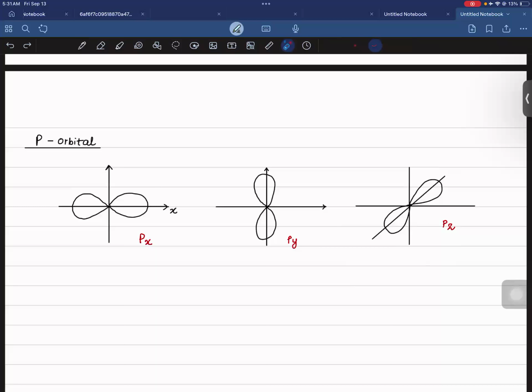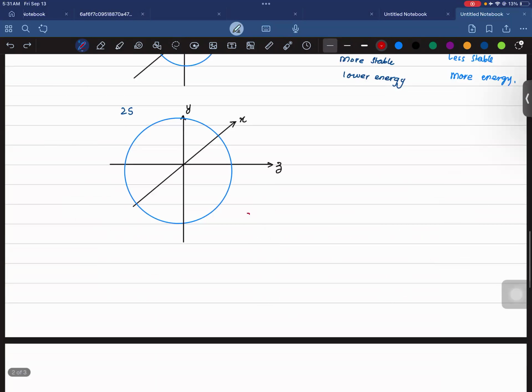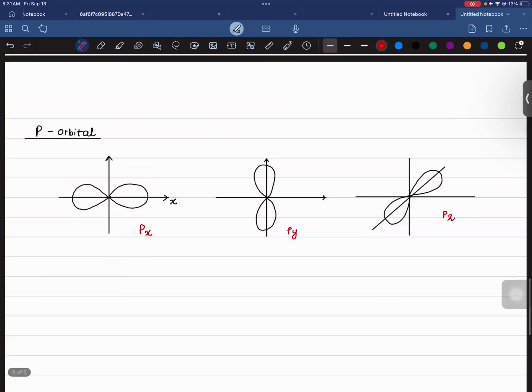Right now we are discussing orbitals. So this is px, this is py, and this is pz. I cannot say regarding s that this is sx, sy, sz, because it has no direction.